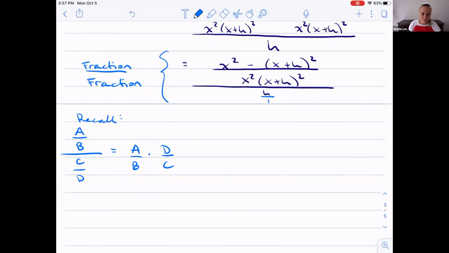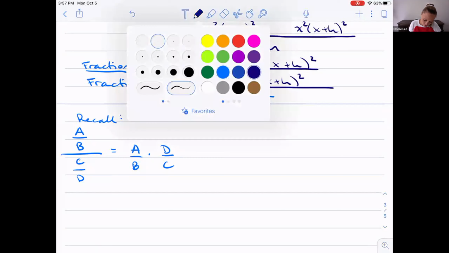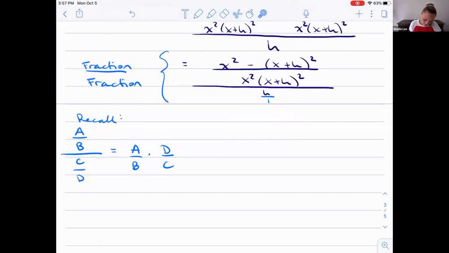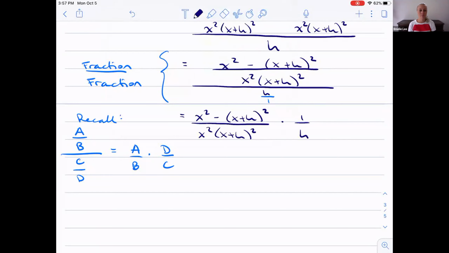So if I've got that huge fraction over just h over 1, then I can flip the h over 1, and essentially I'm multiplying by 1 over h. So I'm going to write that out: x squared minus x plus h squared over x squared times x plus h squared, times 1 over h.